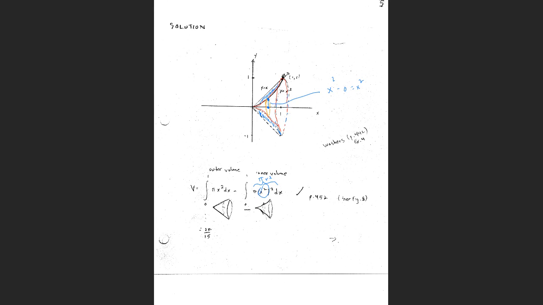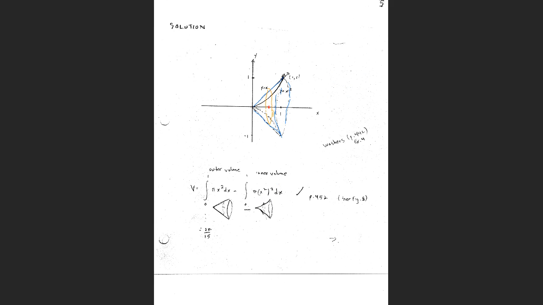And the outer volume, of course, is going to be the cone. So the cone is your outer volume. Okay, and the cross-sectional area for that would also be a circle. But what's its radius?